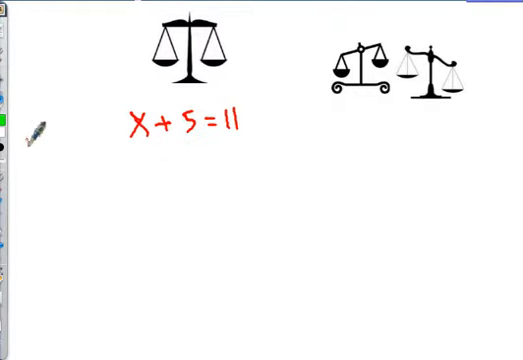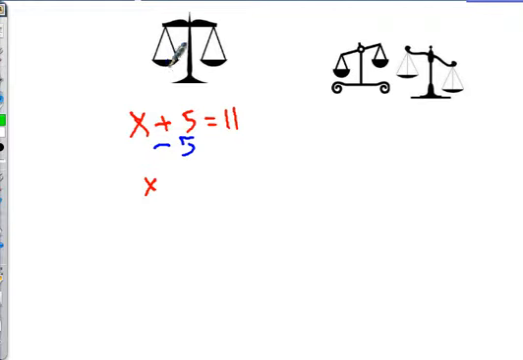So my goal is to get x by itself. So on one side of the equation I want just x. So if I were to subtract 5 from the left side, that would give me just x on the left side. But it's a scale that has to be balanced.